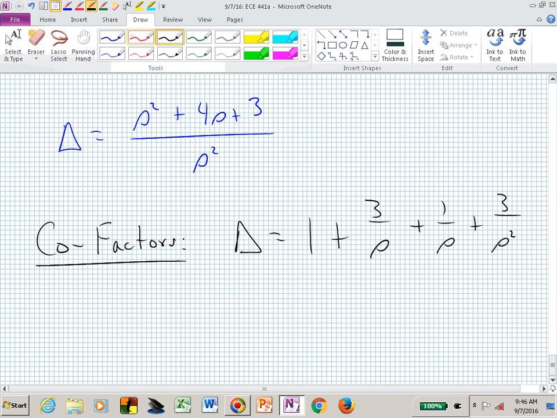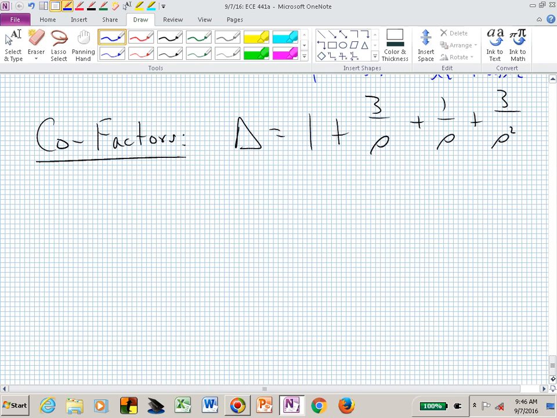And this was really 1 minus L1 minus L2 plus L1 L2. Now, how many paths do we have in this example? 2. So we're going to have 2 cofactors, 1 for each path. And the cofactors arise out of the determinant, or what's left from the determinant.